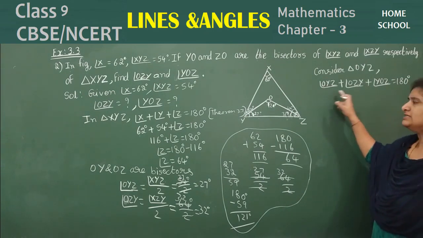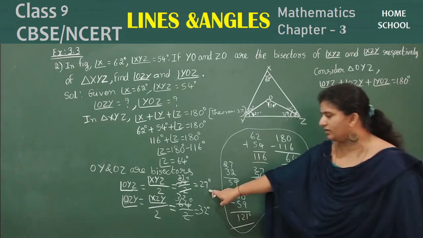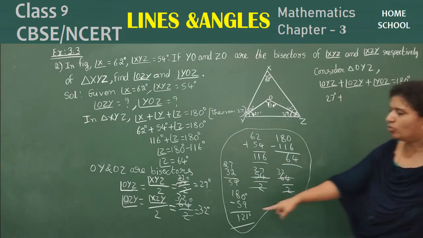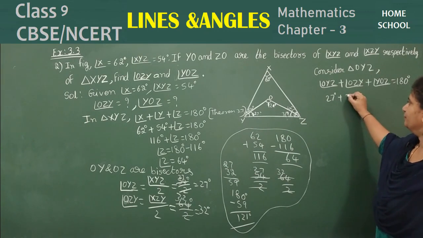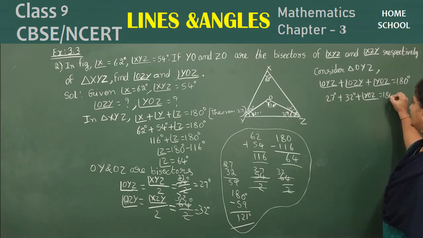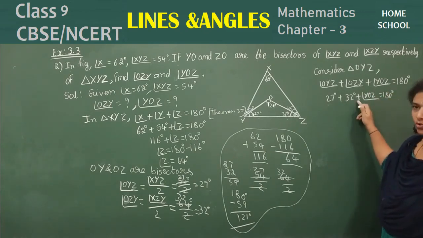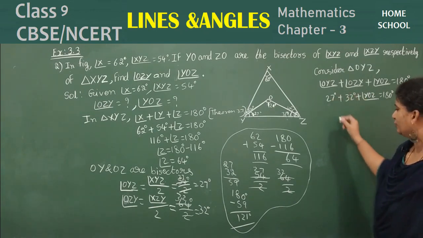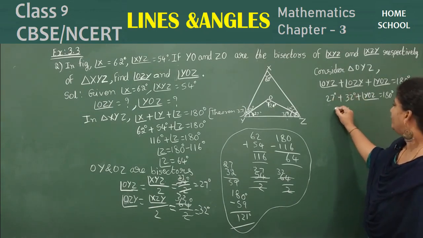Now, what is angle OYZ? Look here, this is 27. And what is angle OZY? 32. Plus angle YOZ is equal to 180 degrees. Add these two, it will be how much here? 27 plus 32, it will be 59.